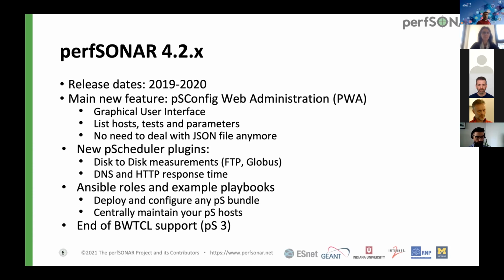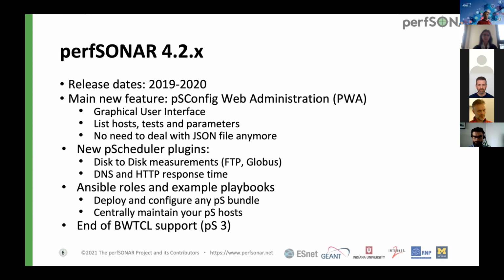So not only throughput and latency measurements or packet loss measurements that we're doing at layer 3 and layer 4, but we also do some DNS and HTTP response time measurements, and also some disk-to-disk measurements that can be useful to show how your application might behave in your network, and how the performance of your network might affect the performance of these applications.